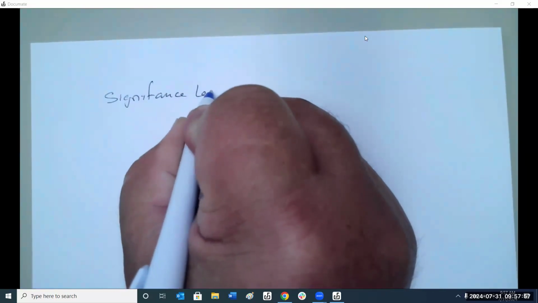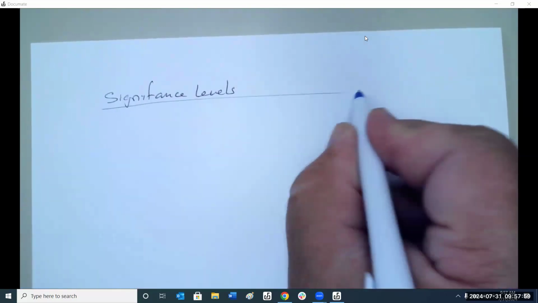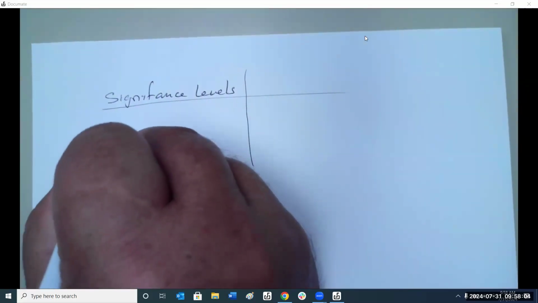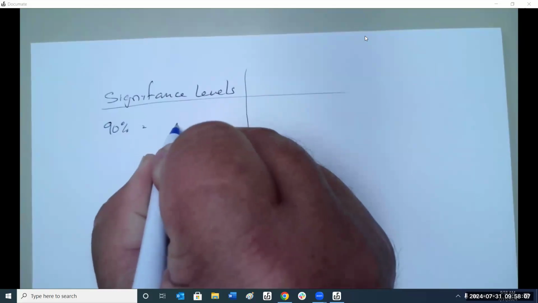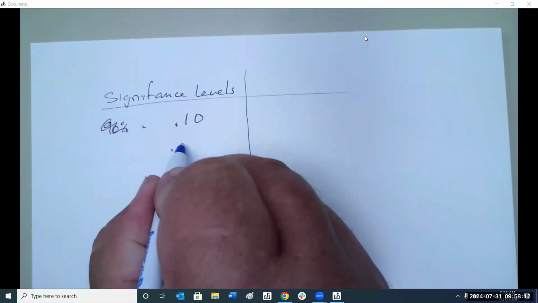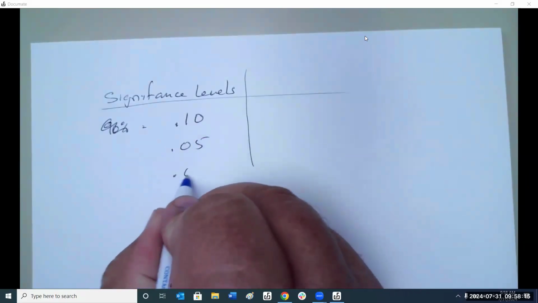Remember, these are the significance levels. Remember, the most common ones we use are at 90%, which is 0.10, or we have 0.05 or 0.01.